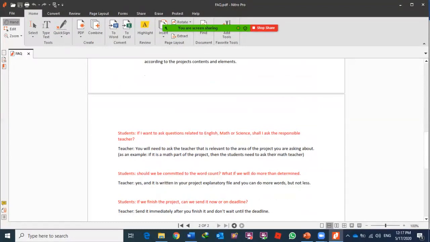As an example, you can ask Mr. Said Fahmi in math about how to do a graph or something. You can ask me as a science teacher about any information you need about COVID or about the population of Egypt and how it increased. So you can ask not only the English teacher, but also the math and science teachers.